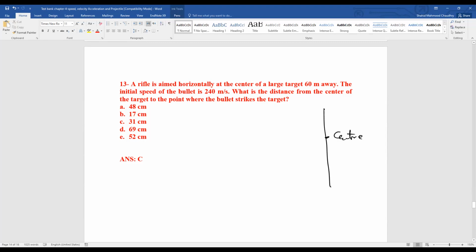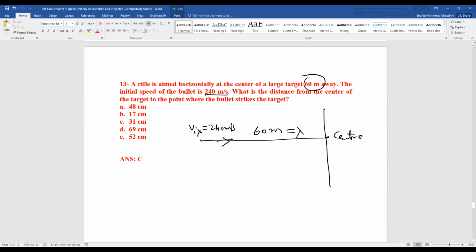This is the center line. And the center is away, and its value is 60 meter. This is the X value. Here it is written. The initial speed of the bullet is 240 meter per second. It is fired like this one, and this is the horizontal velocity, 240 meter per second.